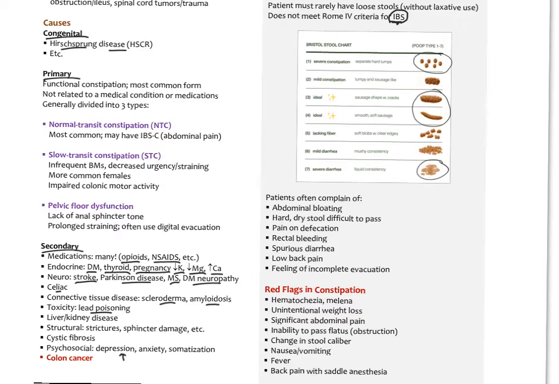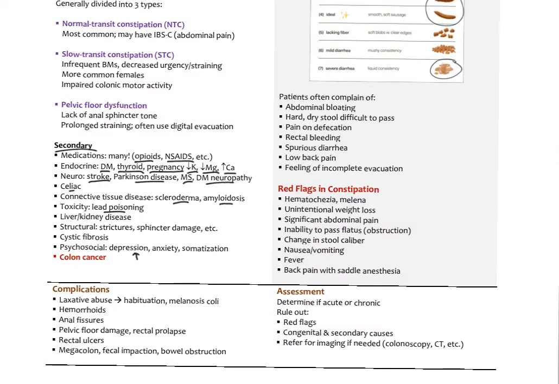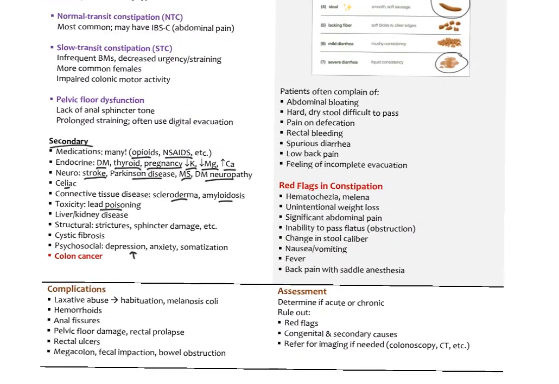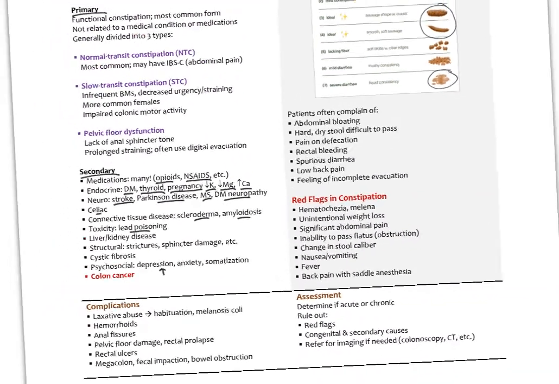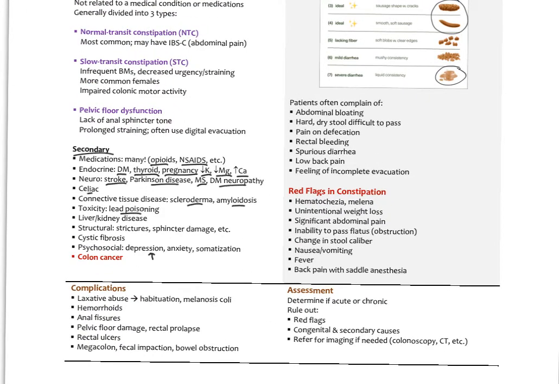Now, our red flags for constipation, which would maybe increase our suspicion of things like colorectal cancer and so forth, would be any hematochezia. Remember, that's frank blood that we see in the stool, or melena, that's the darker stool. Unintentional weight loss, where the person's not trying to restrict calories, they're going on a diet and they still keep losing weight. Significant abdominal pain, inability to pass flatus, and that might indicate an obstruction.